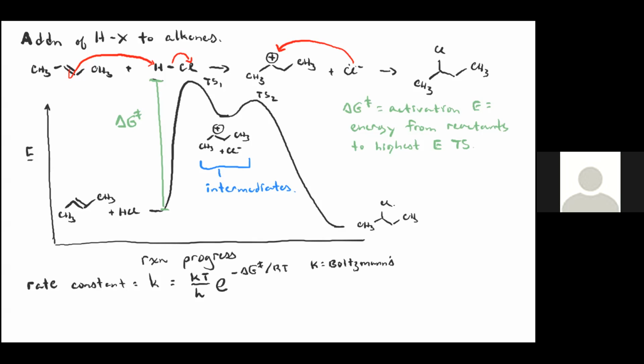The picture just got in my way here. Okay. Kappa is Boltzmann's constant. The h is Planck's constant.